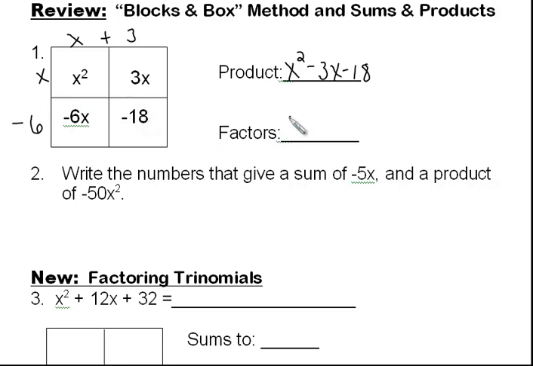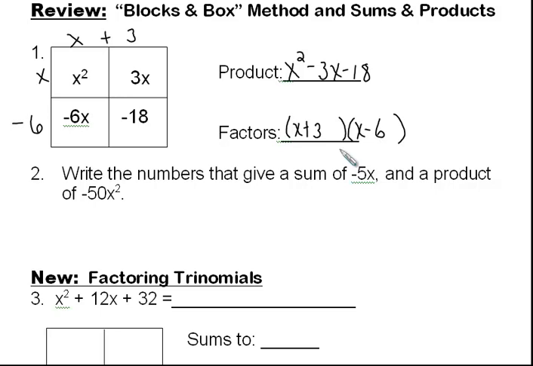So we look to the top and the side to find the dimensions of the total width and length of this box that would give us the area of these four boxes combined. The factors that we would multiply together are x plus 3 and x minus 6.